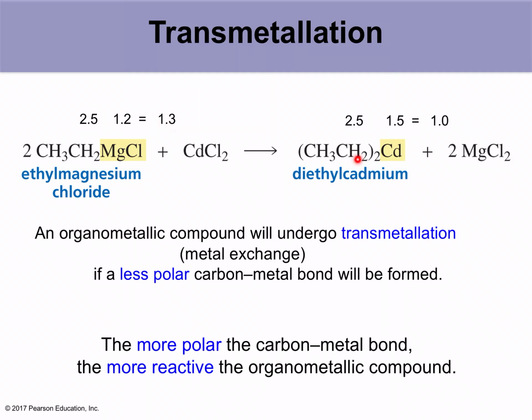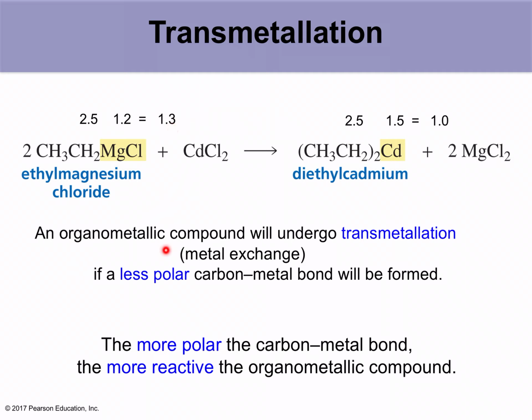Between carbon and cadmium, cadmium is 1.5, carbon 2.5, the difference is 1. So which one is going to be the more polar bond, carbon magnesium or carbon cadmium? The more polar one is the one with the higher electronegativity difference.